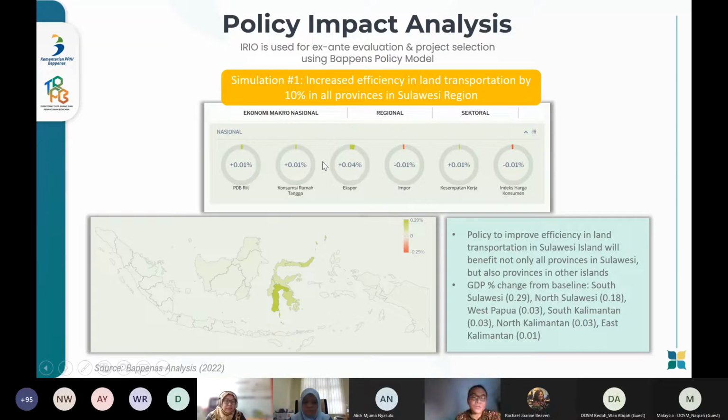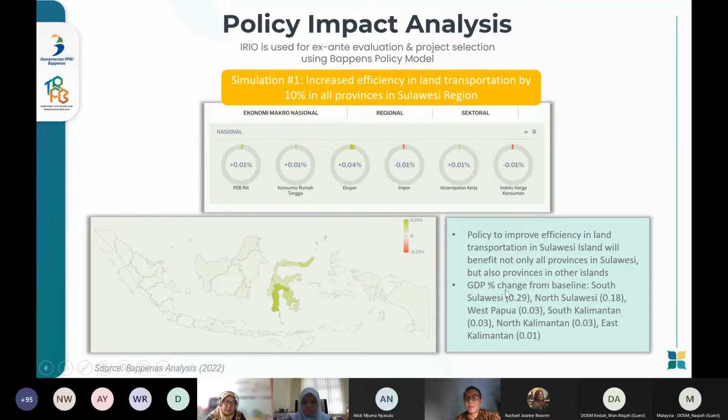But thanks to the ERIO data, we can also show the transmission across provinces here. So we can see in the map the improvement in Sulawesi Island, the island that resembles the letter K here. It not only benefits the provinces within Sulawesi Island, but also other regions.